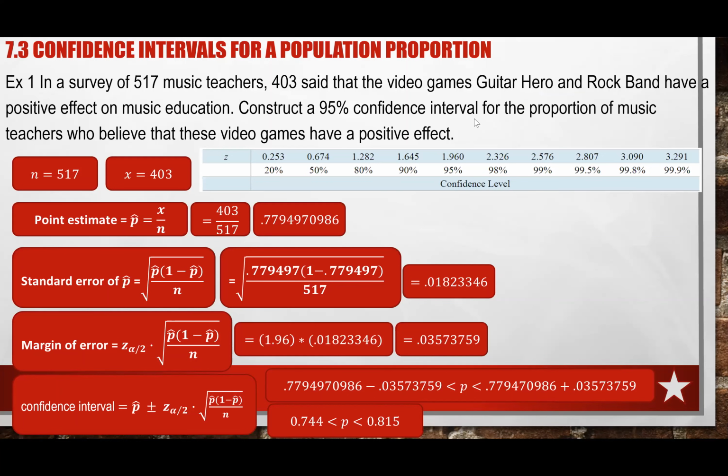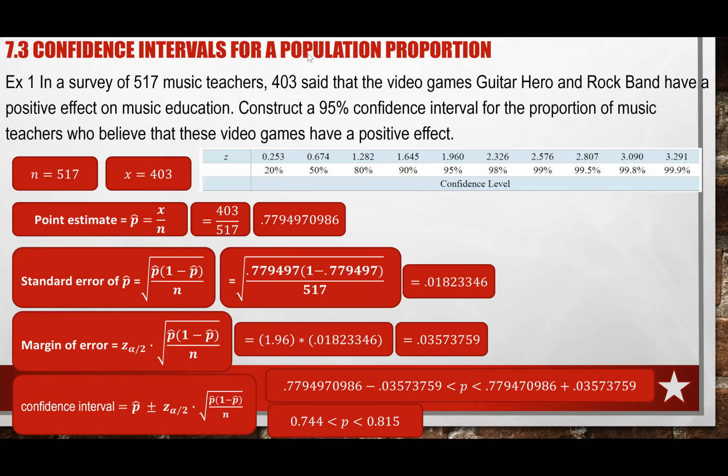It's the same feature as before: you hit stat, go over to test, and go down to the one-prop Z interval. Everybody see option A here. We can't see the calculator, sorry.